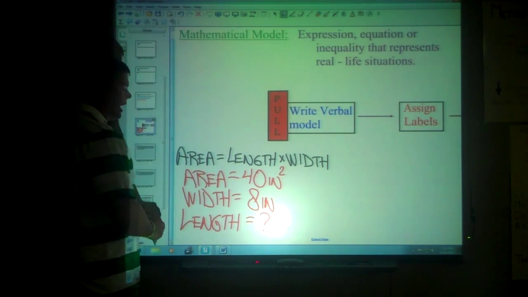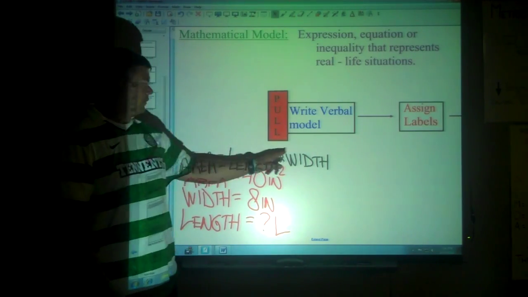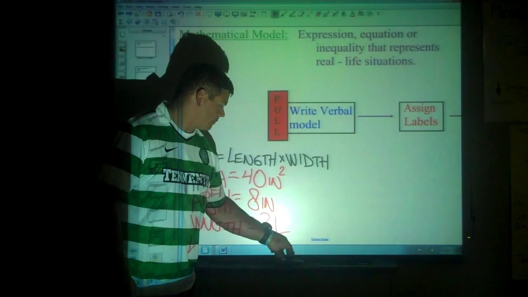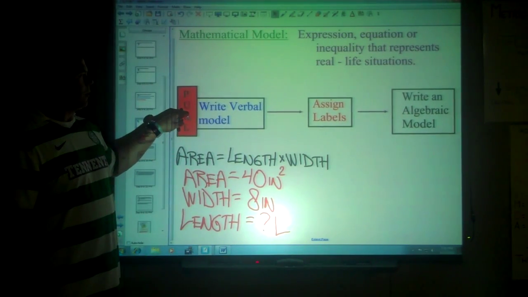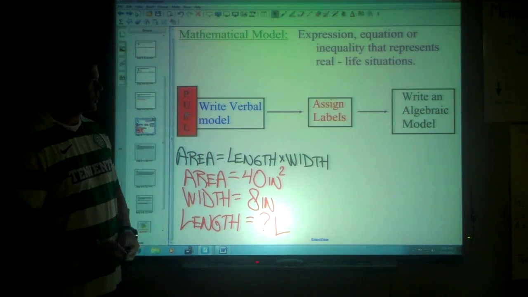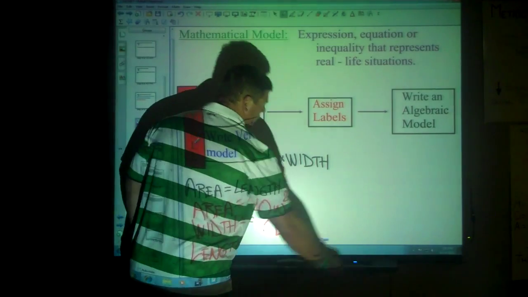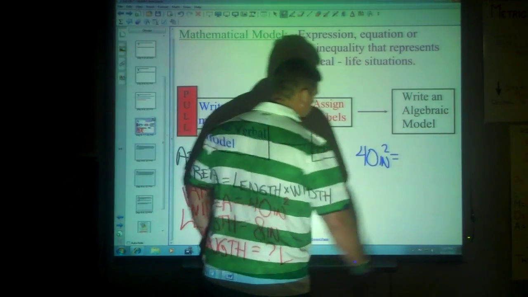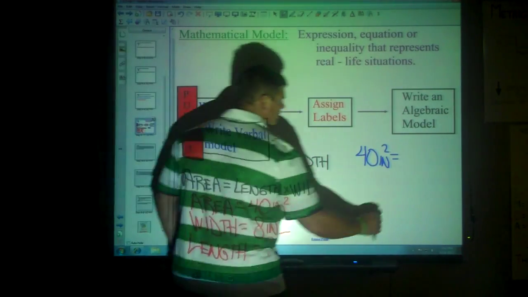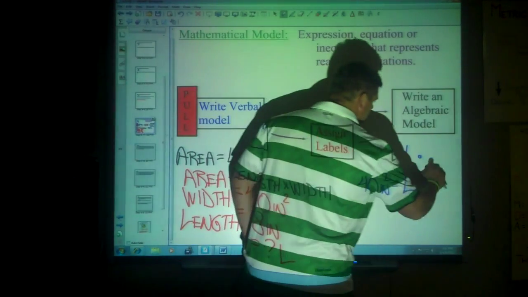And because we don't know the length, we'll put L in for that value. We continue and we write the algebraic model. Simply fill in these values where they go. In this case we would say 40 inches squared is equal to, we don't know the length, but we know the width is 8 inches.